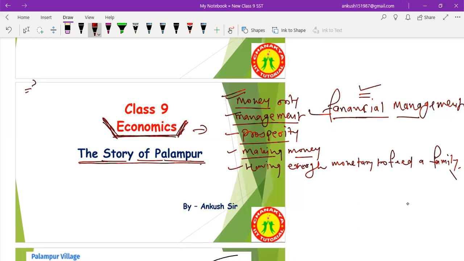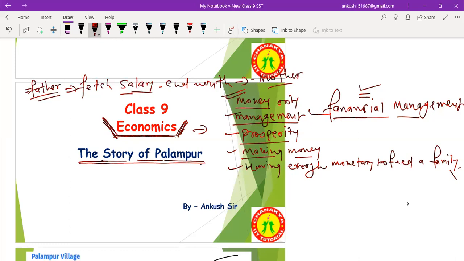Your father is a working person. He fetches his salary at the end of the month, brings it home, and gives some part of the salary to the home minister, a role played by your mother.